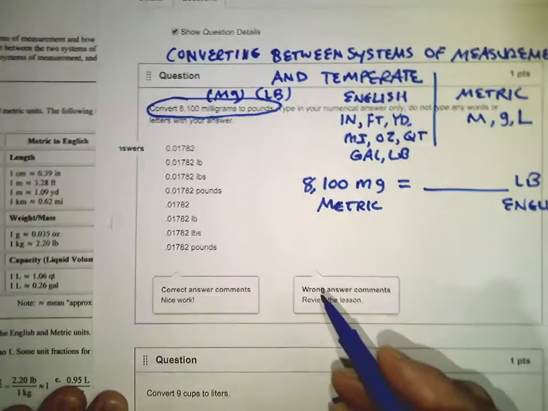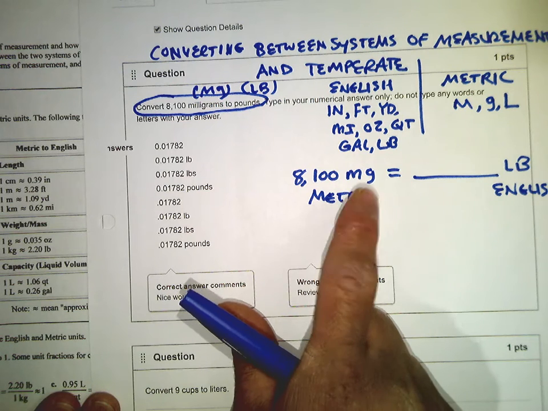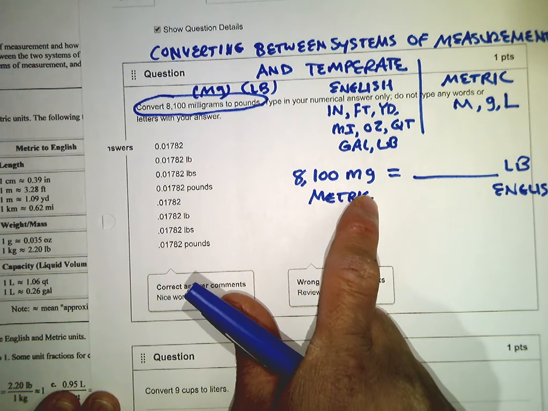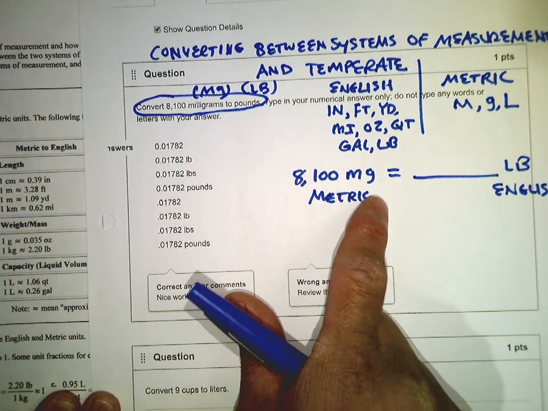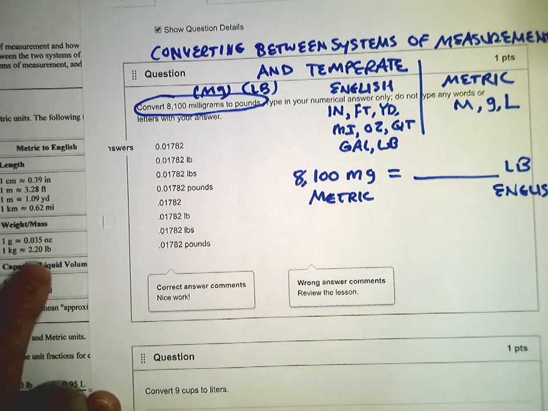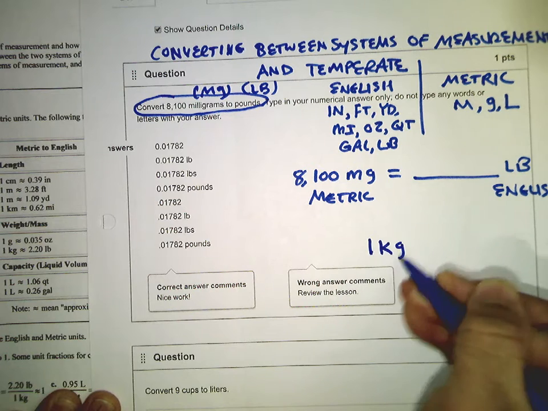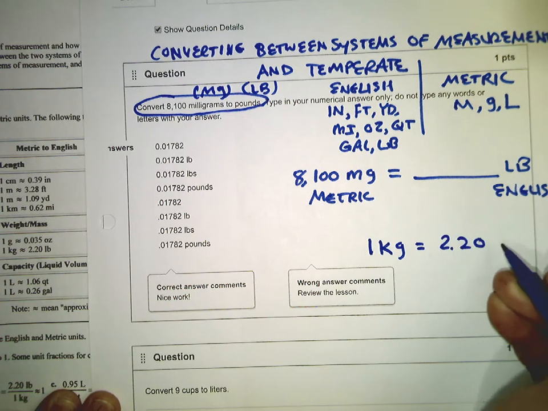All right. So if we want to go from grams to pounds, the only thing that I see here in the metric to English box that says pounds is 1 kilogram equals 2.20 pounds.